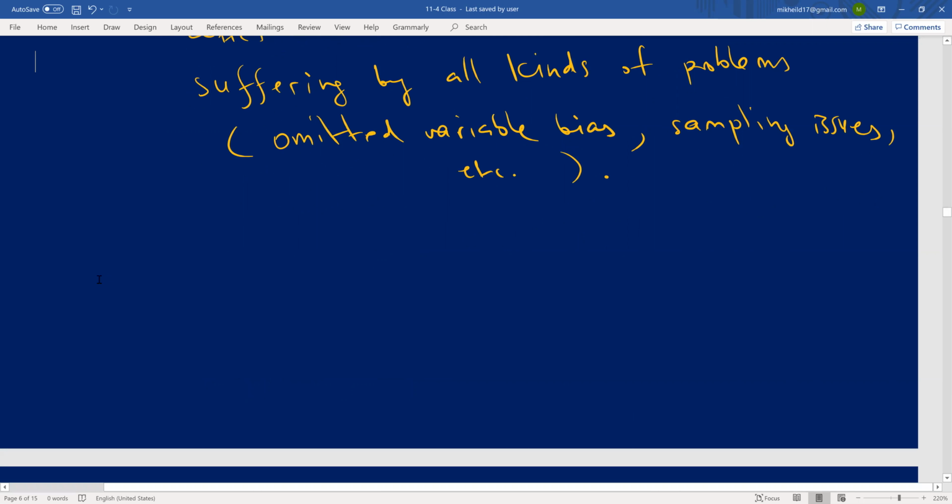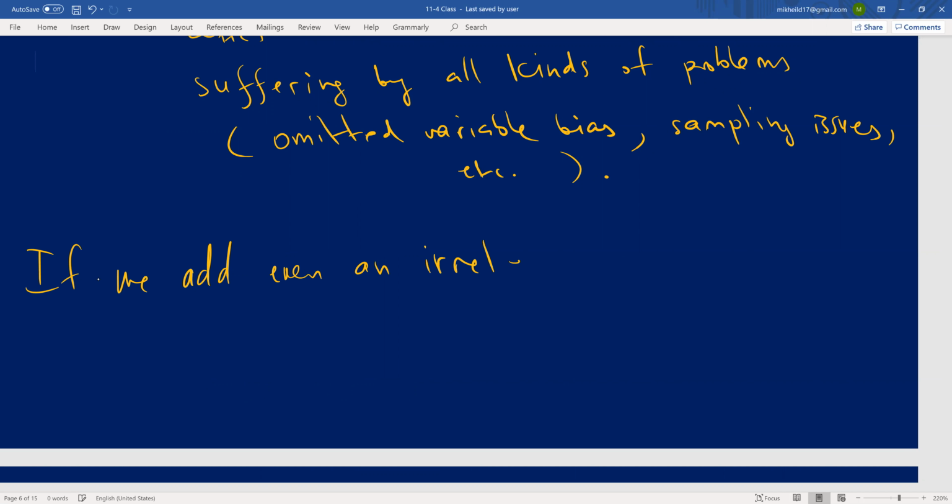One thing that we need to know is that if we add even an irrelevant variable to the model, R squared increases.